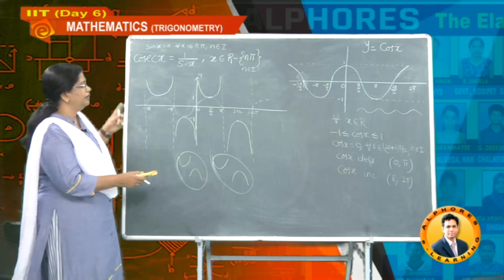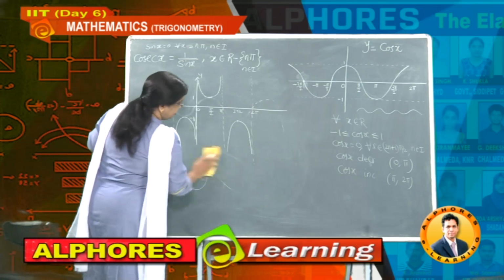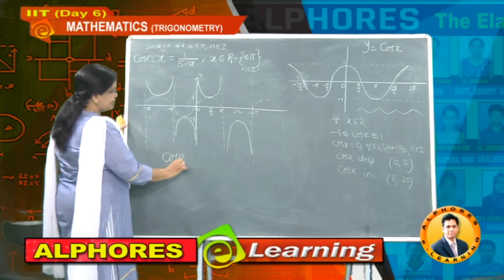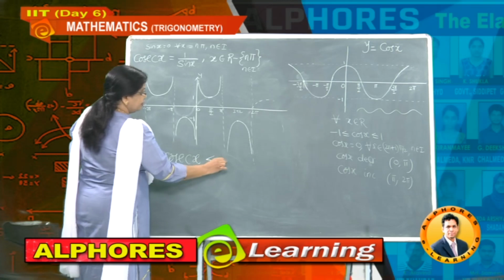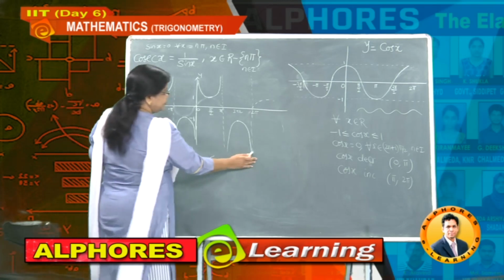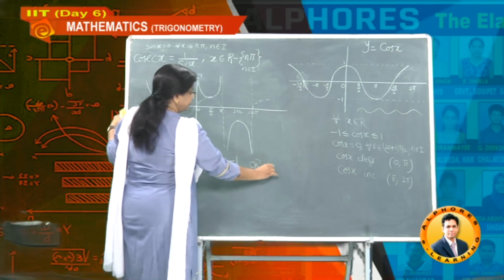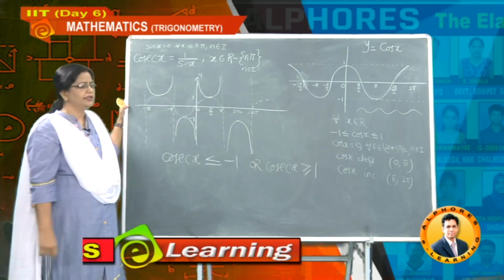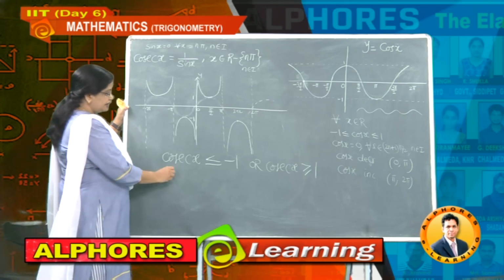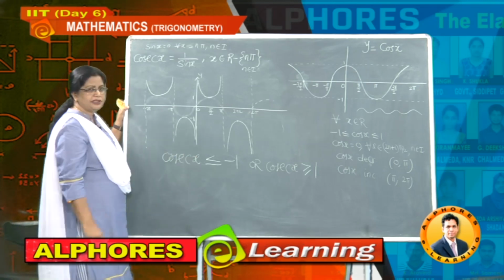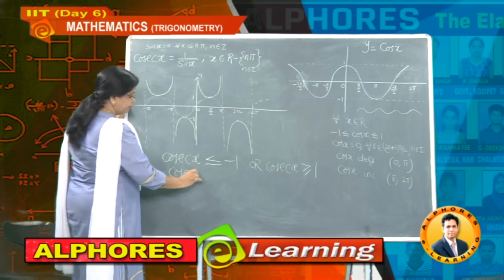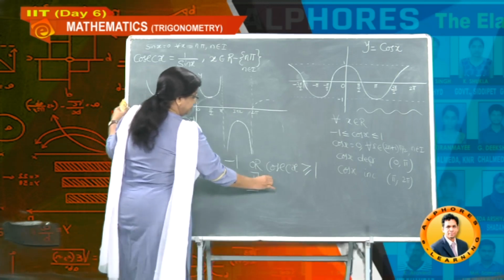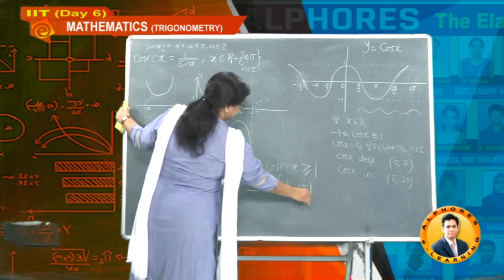So cosecant x is lying in between what type of values? Cosecant x values are less than or equal to -1, or cosecant x values are greater than or equal to +1. Understand students? That implies cosecant x is taking values from -infinity to -1, union 1 comma infinity.